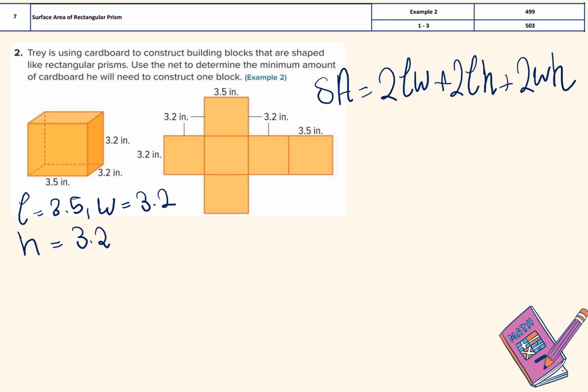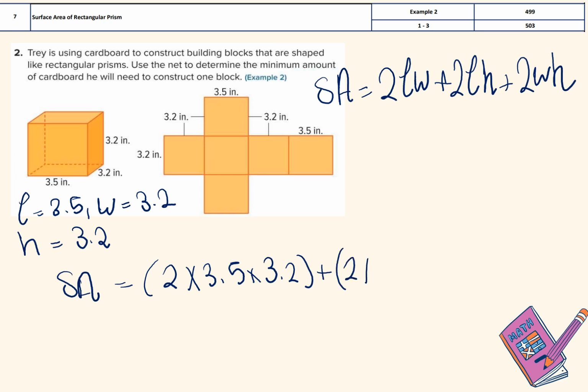So the surface area is going to be 2 times the length times the width. So 3.5 times 3.2 plus 2 times the length times the height. So again, 3.5 times 3.2.